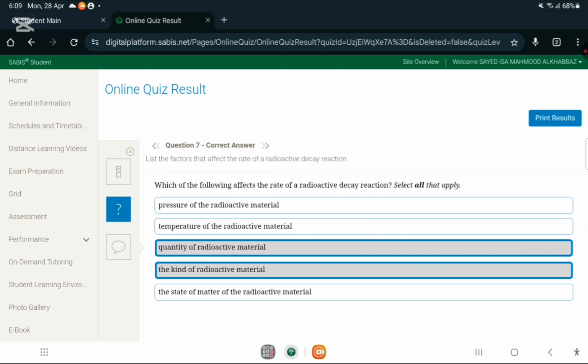Which of the following affects the rate of a radioactive decay reaction? Here it's memorization. The quantity of the radioactive material, which is the amount of it. For example, let's say the half-life of carbon-14 is, let's round it, 5,800 years.